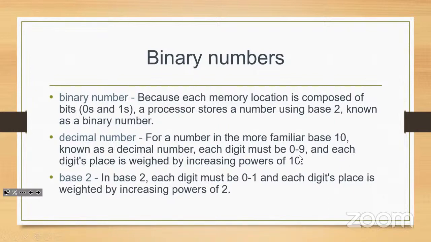So we have binary numbers, which I just showed you how to convert really easily. That's what the computer takes everything down to, the ones and the zeros. Decimal numbers are our base 10 numbers, where each place goes up by an order of 10. We have 0 through 9, then the tens place, the hundreds place, and the thousands place.